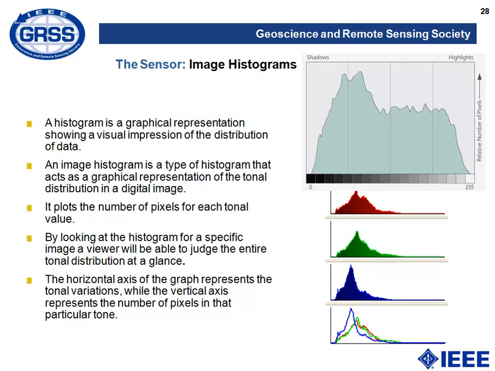When we graphically represent an impression of the distribution of data, when we represent this distribution for each band, we have a histogram of the images and a histogram for each band.